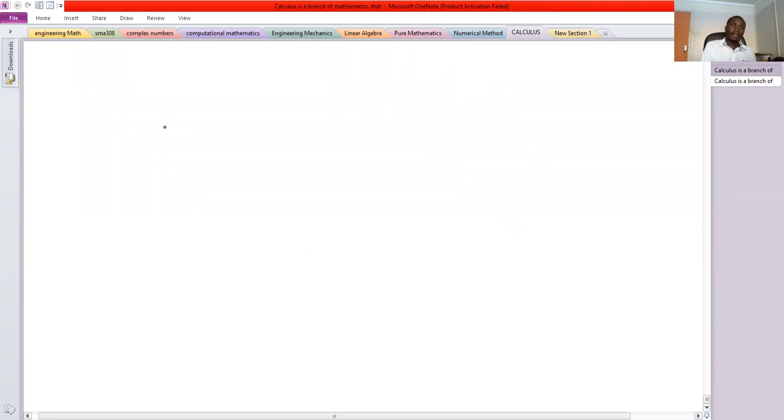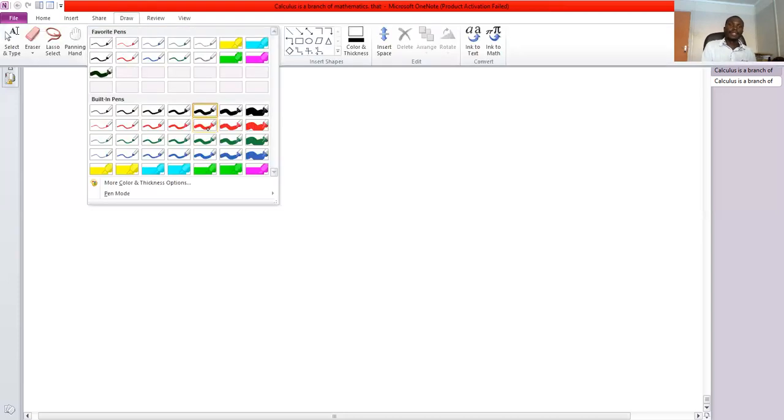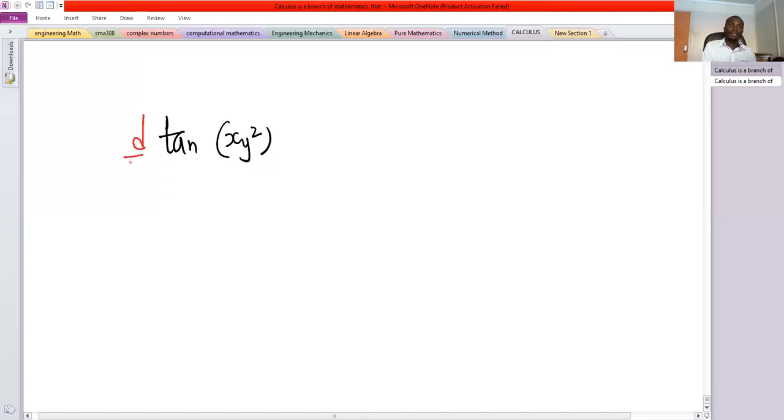And lastly, tan of x y squared. Now the interest is to find d/dx, so you apply d/dx to this. So you ask yourself, this is a tan function. If you differentiate a tan function, you get a sec squared function.